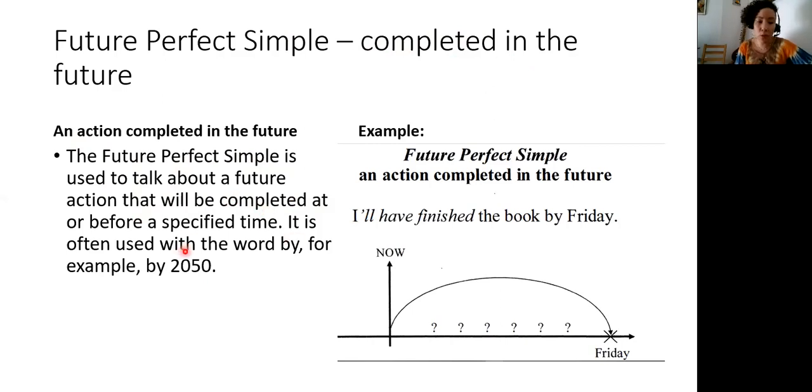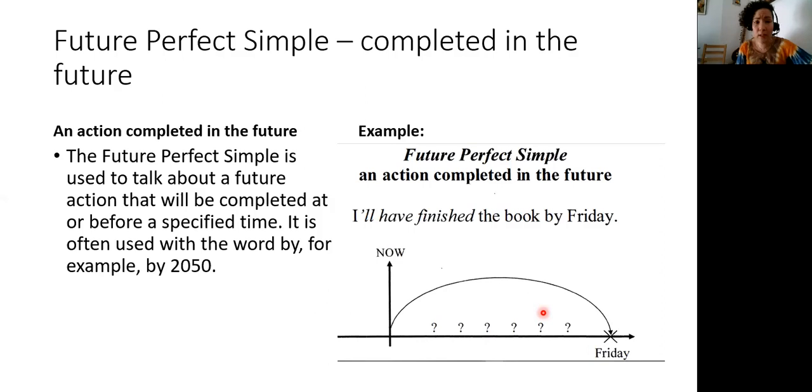It is often used with the word by, for example, by 2050. Here is an example. I'll have finished the book by Friday, okay? So this person in this moment is thinking that she will finish reading the book on Friday. It will be finished, okay? Or writing the book. I don't know in this case, okay?